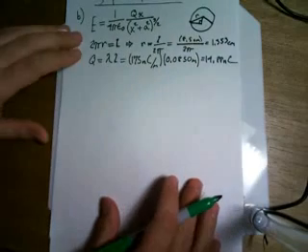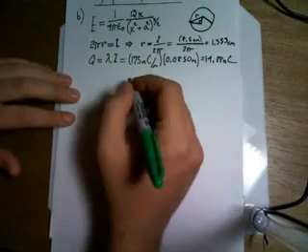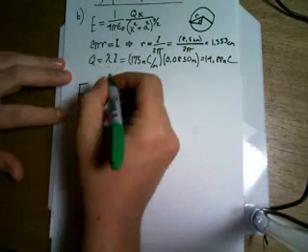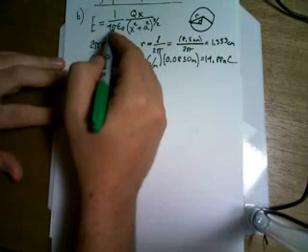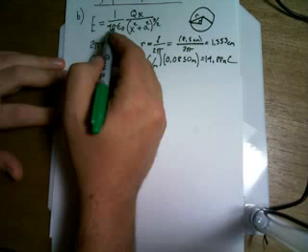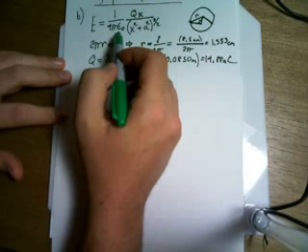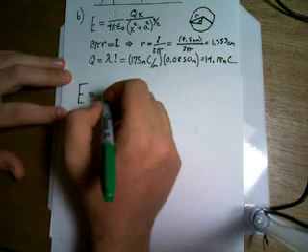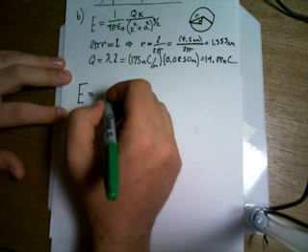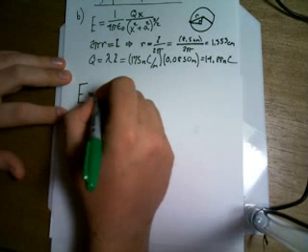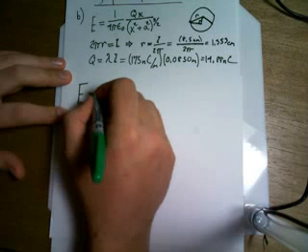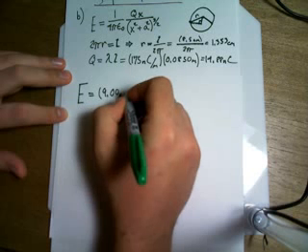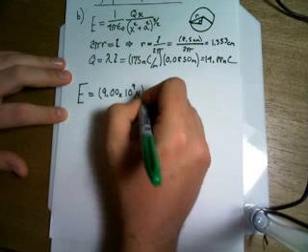So E is going to equal this equation here, and I'm going to plug that in. Now we know that 1 over 4 pi epsilon naught is equal to the constant K, which is equal to 8.99 times 10 to the 9th newtons, or you can just say 9.0. I'd ask your teacher which one they prefer you to use.